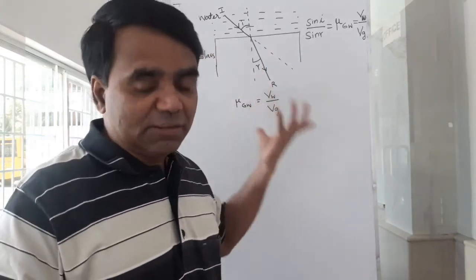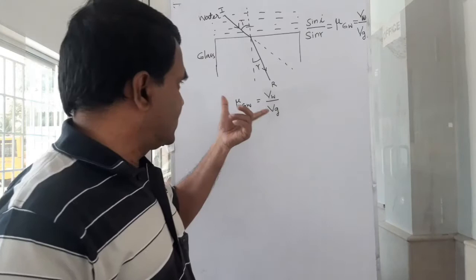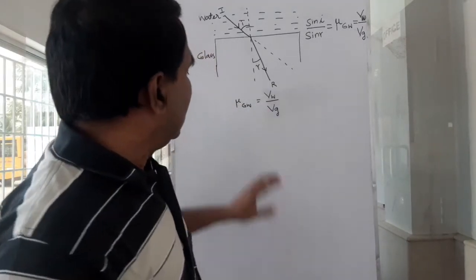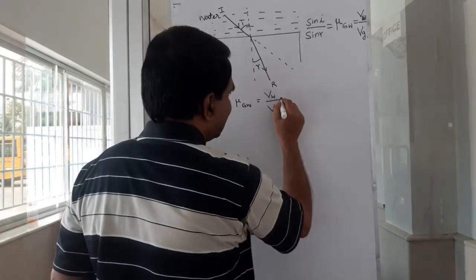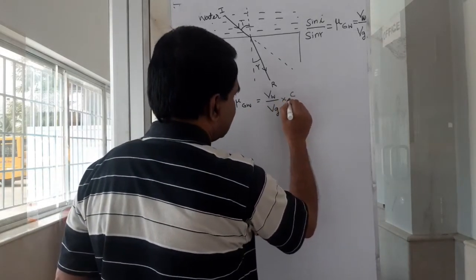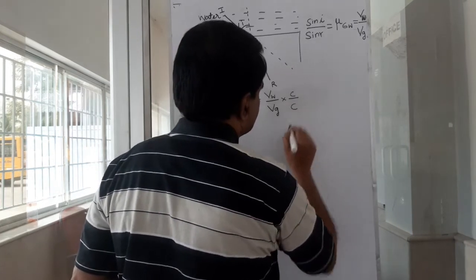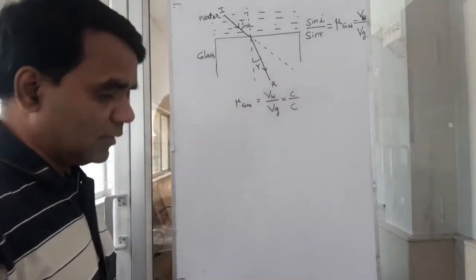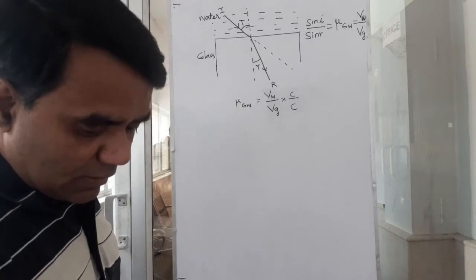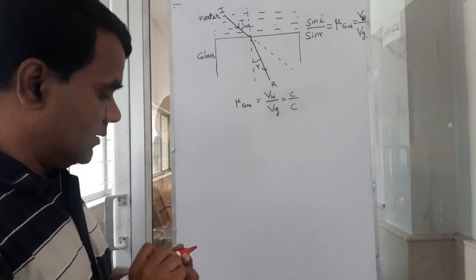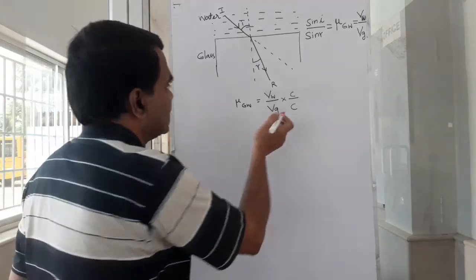So what I'm going to do now is a little bit of manipulation of this equation. Okay. I'm going to multiply this with C and divide that with C again. Now I'll take this set.